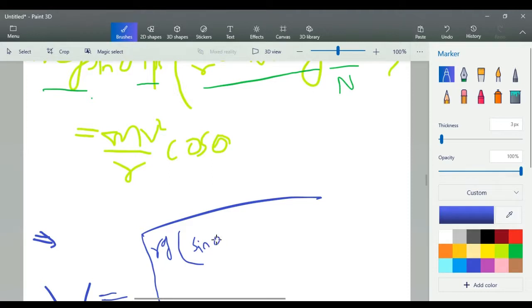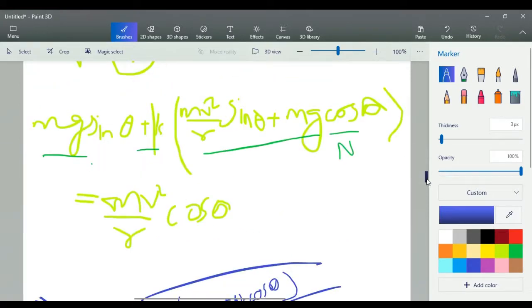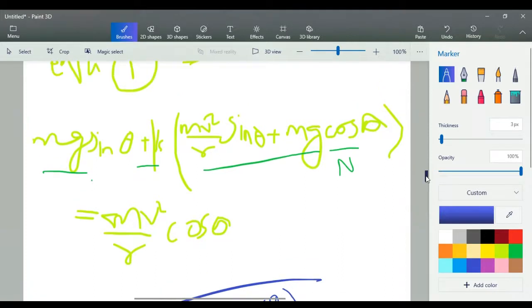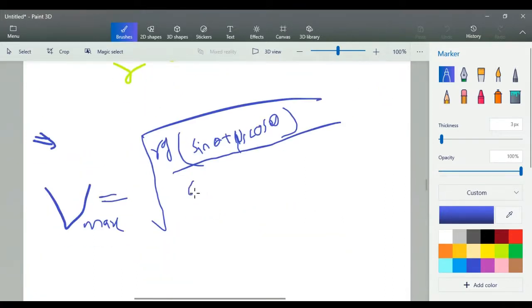I hope you will solve the equation by yourself, because there is no complex equation, only a simple one. Solve this equation for v. It gives sin theta plus mu s cos theta, divided by cos theta minus mu s sin theta.